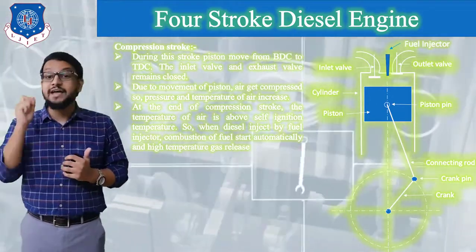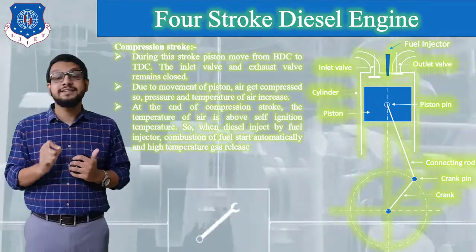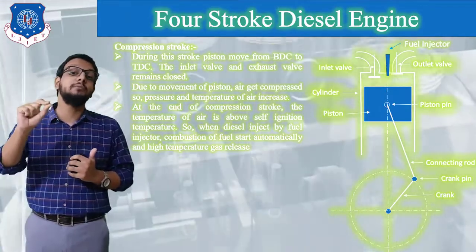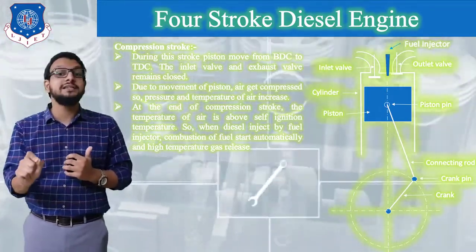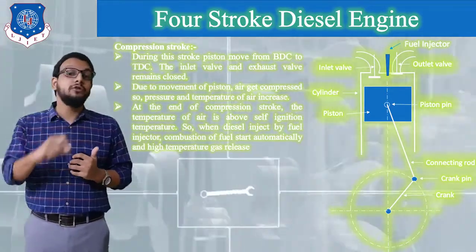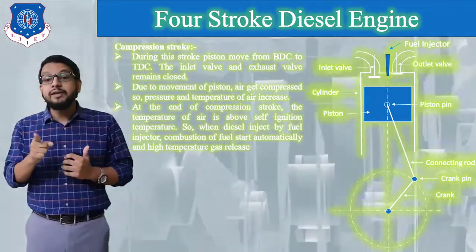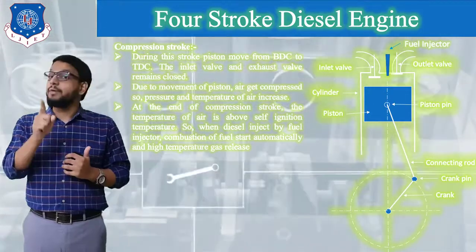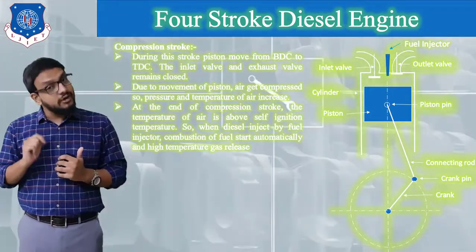Why? Because the density of air is much lower, that is nearly 1.25 kg per meter cube, and we are only compressing air, which is a compressible fluid. So higher compression means higher temperature and pressure of air at the end of compression.